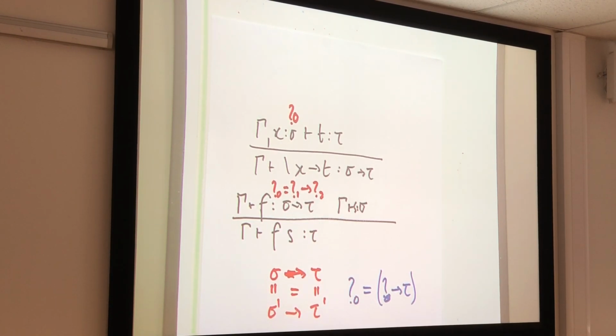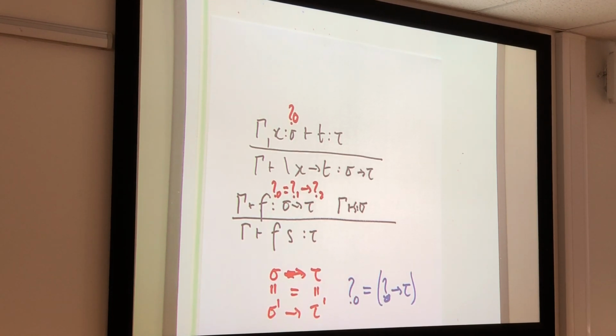There's like 2 ways in which we could be working. We could either be trying to figure out, given a term, the type, or we could be given both the term and the type, and we could be asked just to check whether that's right. So one of them we call type synthesis, that's figure the type out. One of them we call type checking. That's where the type is given, and you're just trying to say yes or no.